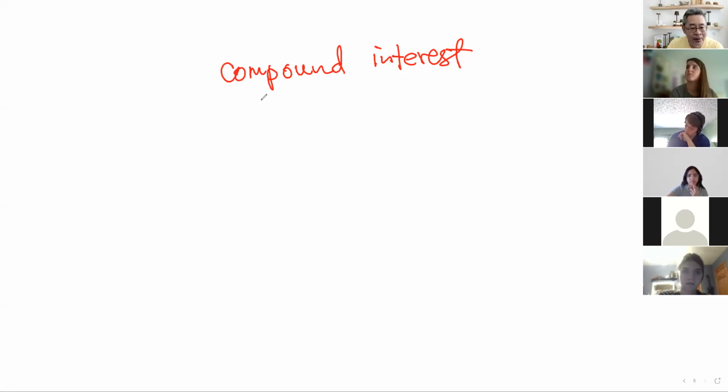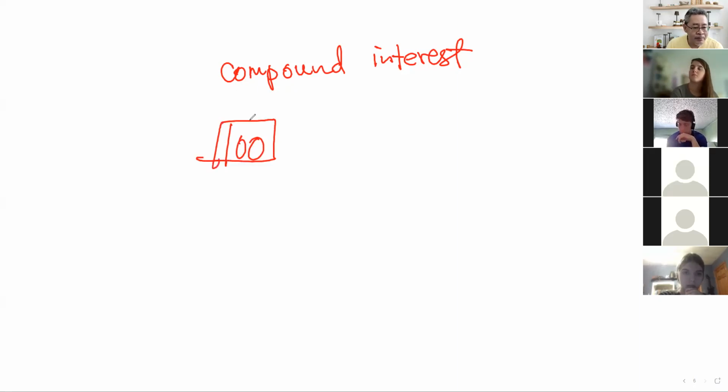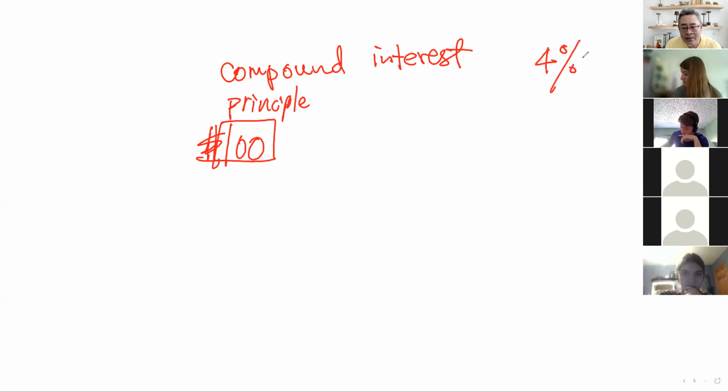Now, if you put $100 in the bank, this is called your principal. Now, if they give you, say, 4%. Do you guys have money in a savings account?